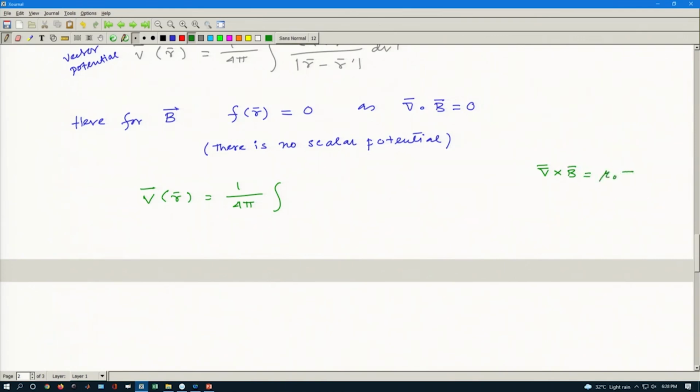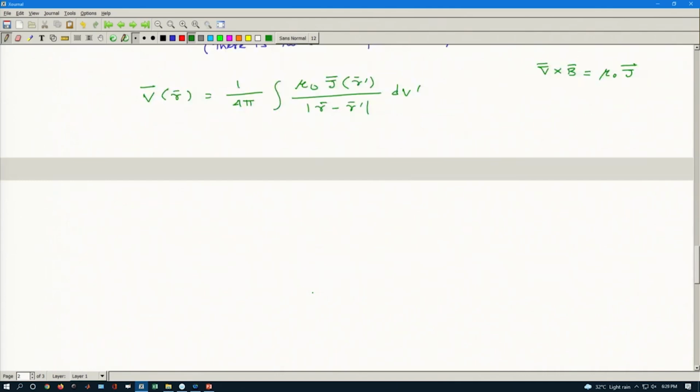So, it is mu 0 j, we did not prove it, but let us use this. So, I have mu 0 j, but that will be evaluated at the point r prime, divided by mod of r minus r prime, and then dv prime.